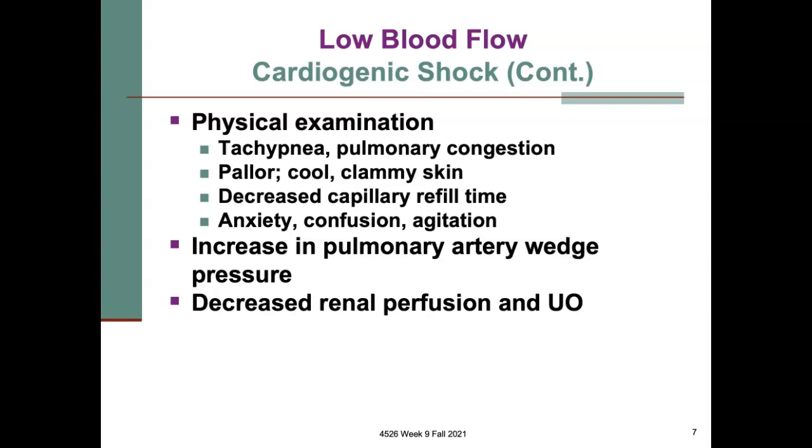And the pulmonary vascular resistance is increased because the pulmonary vascular system is vasoconstricted as a compensatory mechanism. You're also going to see decreased renal perfusion and decreased urine output because of the decreased cardiac output. So basically you have this low blood flow that's happening.